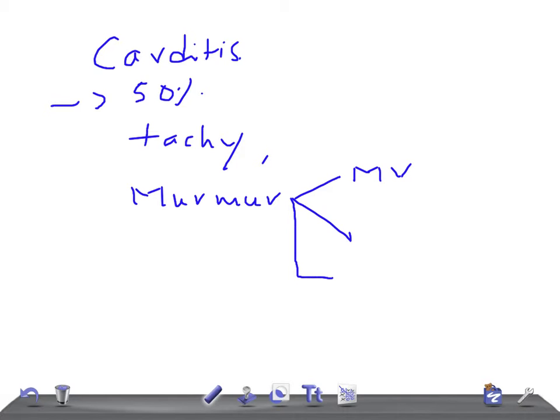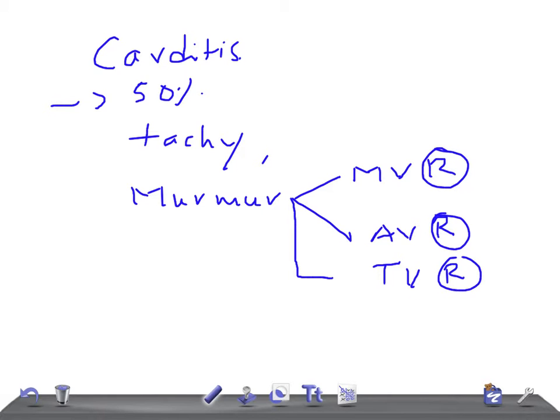Sometimes it can affect the aortic valve, causing regurgitation, and even sometimes the tricuspid valve, but that is very rare. The most common is the mitral valve, remember.